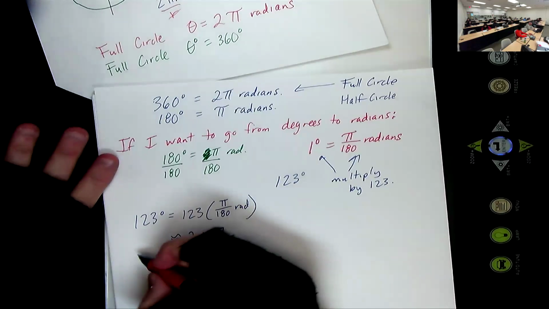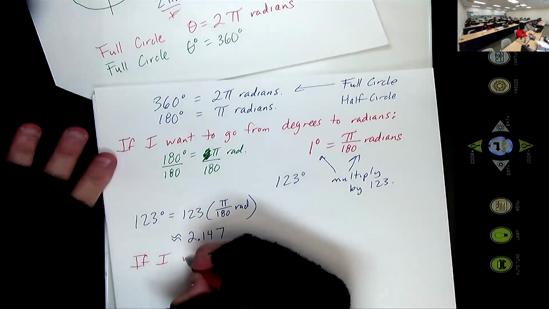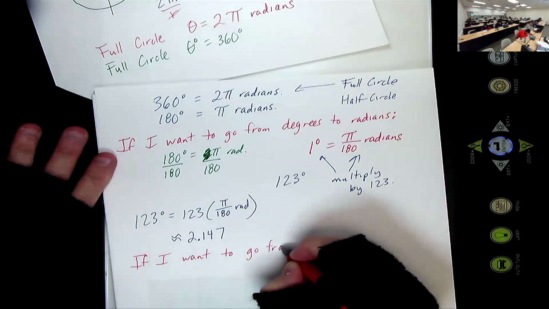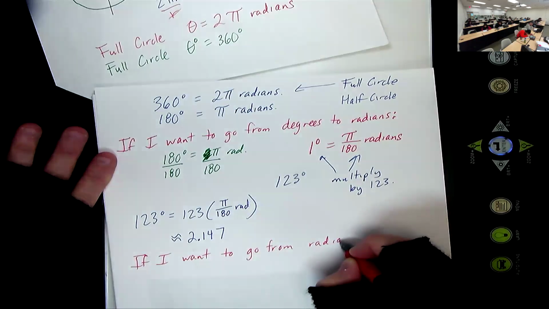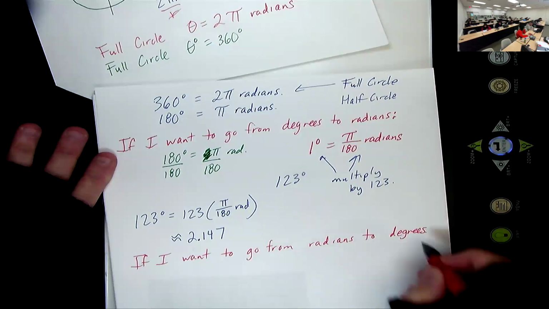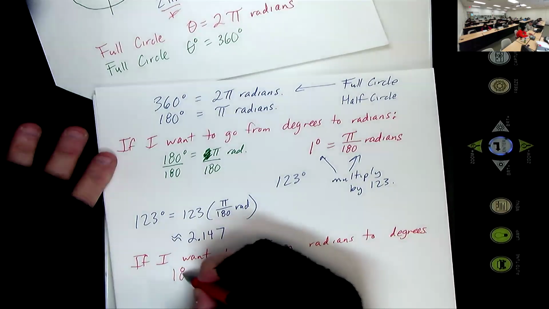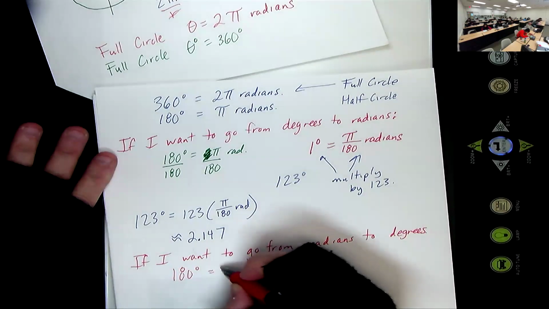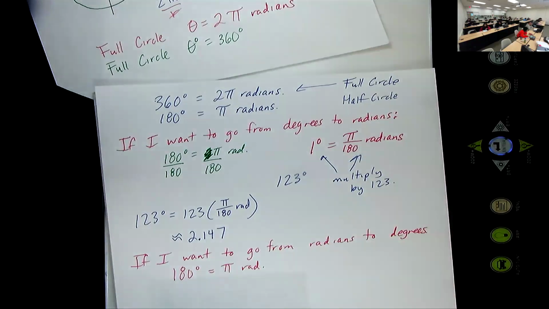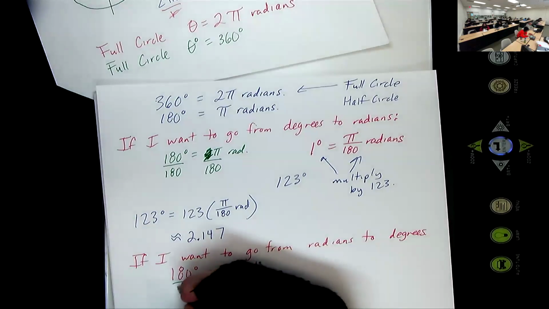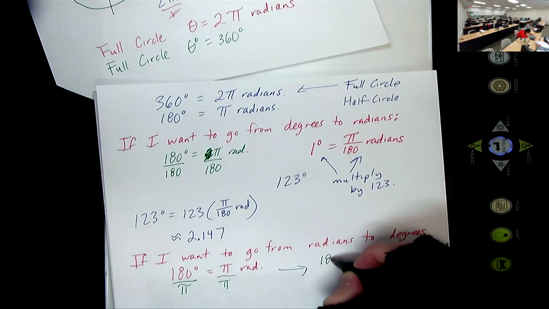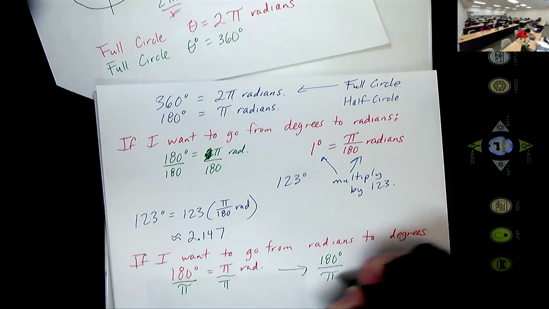If I want to go from radians to degrees, well, we start off with that same 180 degrees equals pi radians. And if I divide both sides by pi, I get 180 degrees over pi equals 1 radian.